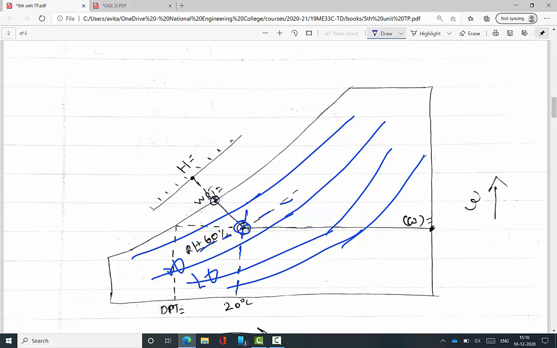From that point horizontally I draw a line from left to right, which shows the specific humidity value. Also from that point I draw a line from right to left until it touches the extreme curve. From that curve I draw a vertical line, and here we get the dew point temperature.